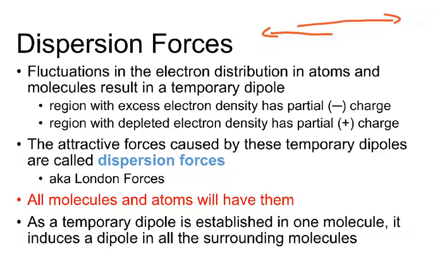As a temporary dipole is established in one molecule, it's going to induce a dipole in the surrounding molecules. As one side of a molecule becomes slightly negative, that's going to push the electrons away a little bit in the neighboring molecules, leaving a slightly positive end of the next molecule.